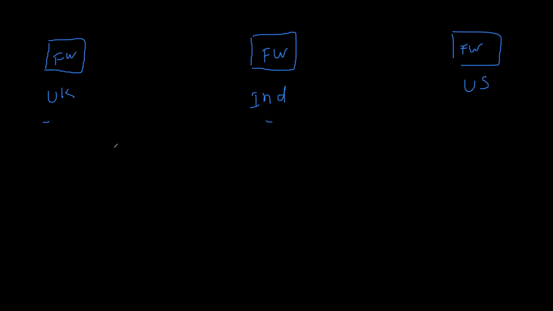As an admin, let's say you want to apply a policy. Let's say there is a malicious IP, 100.0.0.5, and someone says please block this malicious IP on all the data centers, or blacklist this IP on all the data centers.